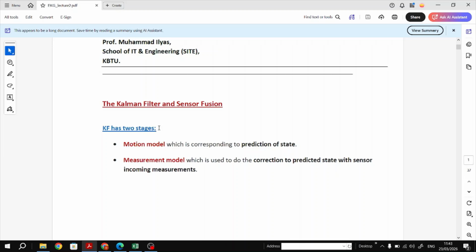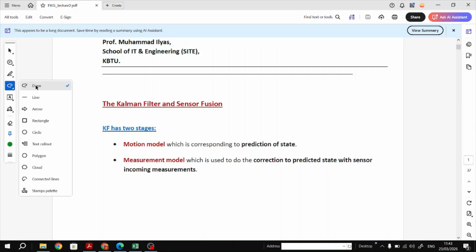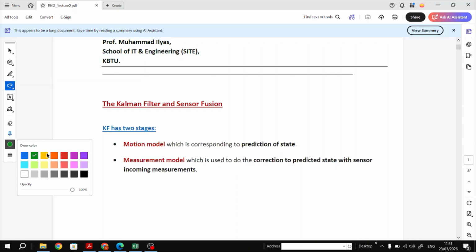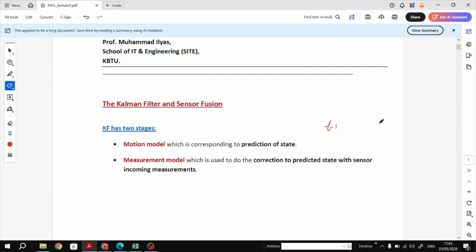The first step is using the motion model to predict the state. It means that you predict your state from time t minus 1 to time t.